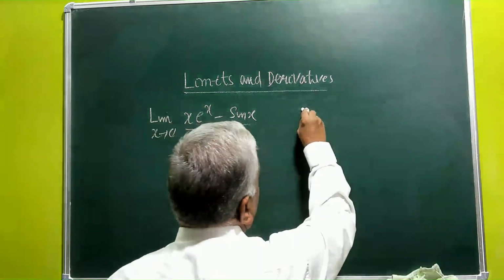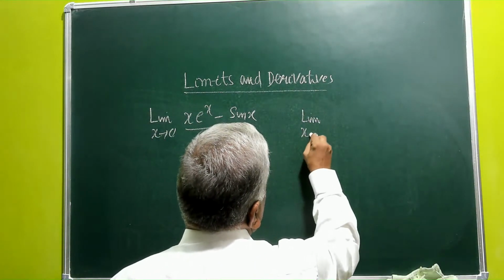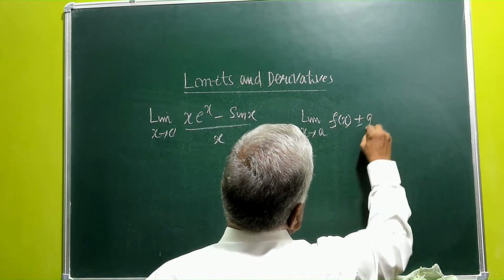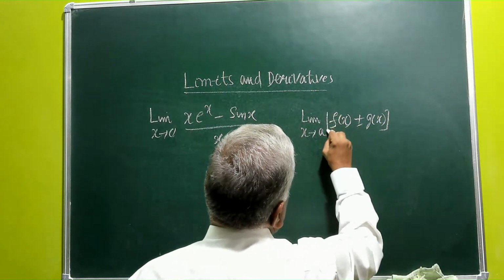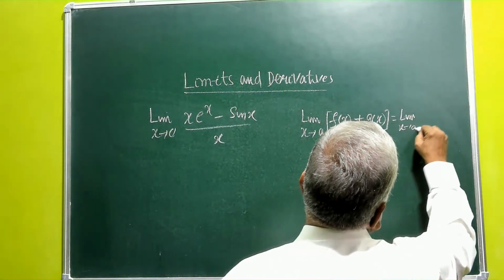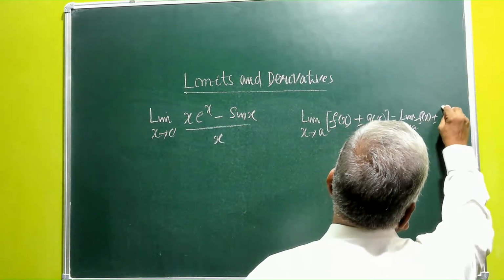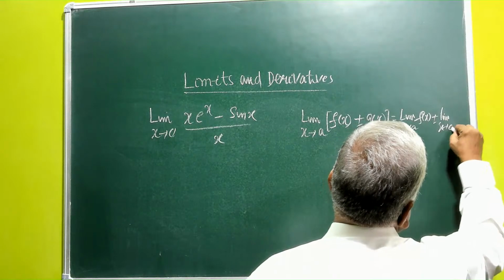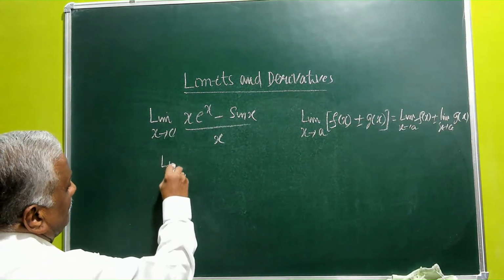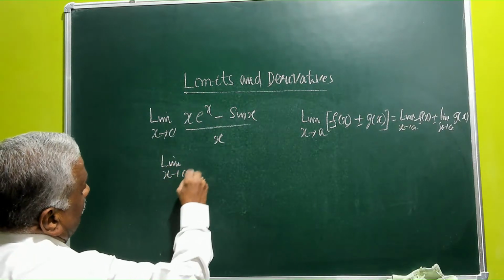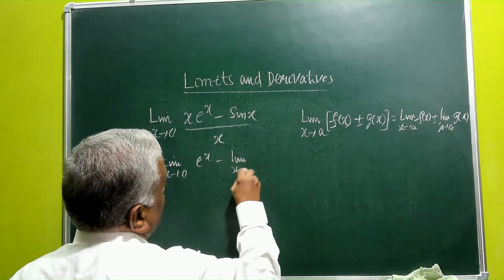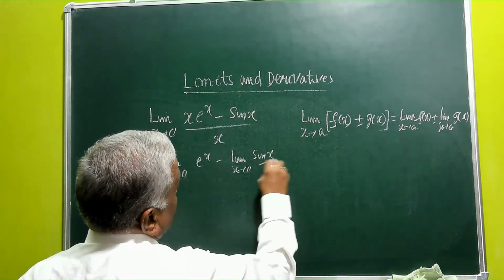Immediately it should come to your mind the algebra of limits: limit x tends to a of f of x plus or minus g of x is equal to limit x tends to a f of x plus or minus limit x tends to a g of x. So what we can do is limit x tends to 0 e to the power of x minus limit x tends to 0 sin x by x.